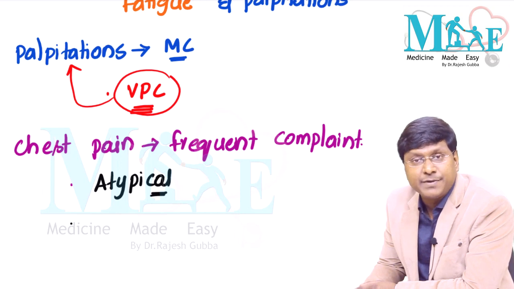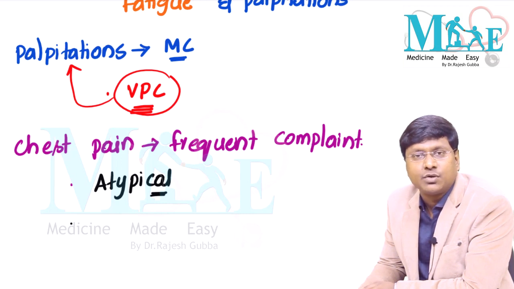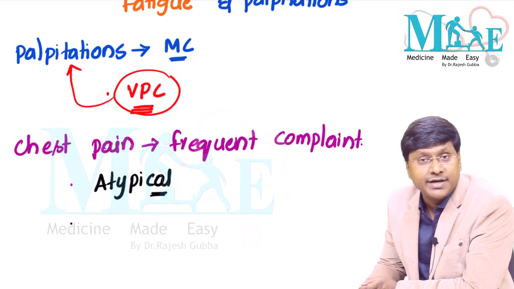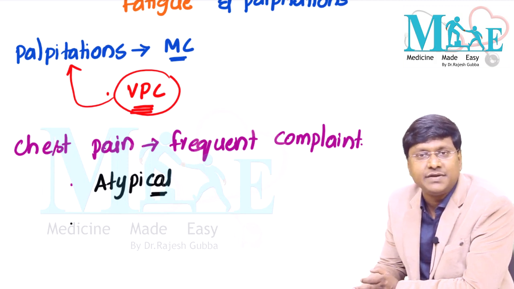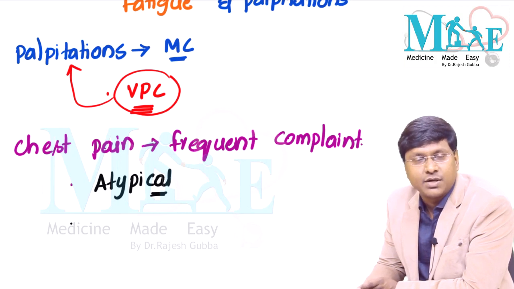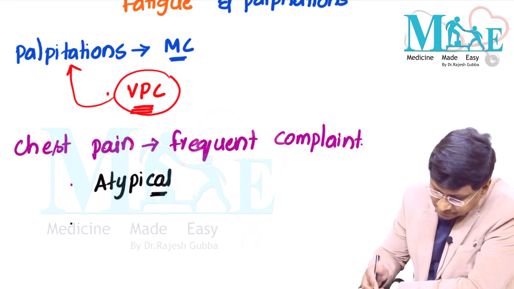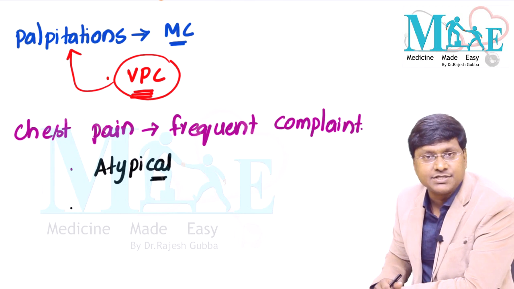Once the individual takes rest, the pain will reduce. Whether it reduces or not depends upon the severity of the occlusion. But the point is, this pain increases on exertion. That is what is called typical chest pain. Whereas here, it is atypical chest pain.